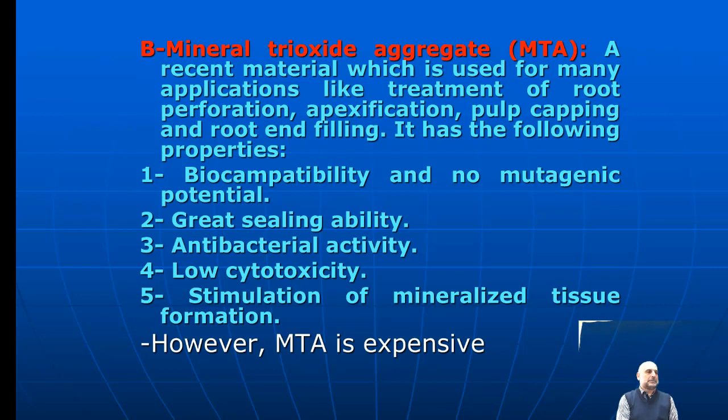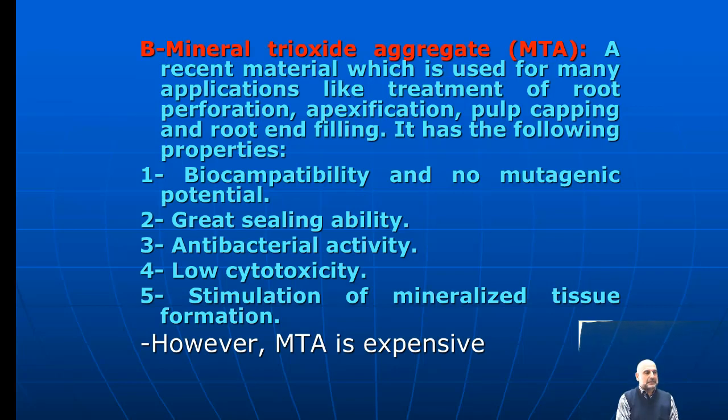There is a problem, and we resolve this problem with this material. This problem is present in calcium hydroxide: its sealing ability is less than MTA, so MTA is preferred over calcium hydroxide. Other properties: antibacterial activity, the same activity present in calcium hydroxide.